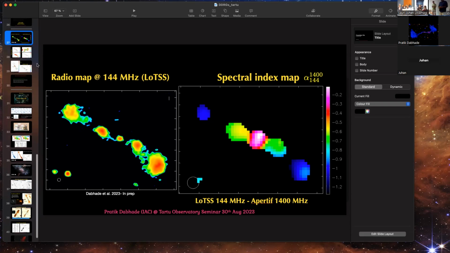You said host galaxies are mostly giant elliptical galaxies, and in clusters there are more elliptical galaxies. So what is the reason that we don't see these double galaxies in clusters? We do. When I made that statement, that is for DDRGs. Okay, so it's the environment problem.